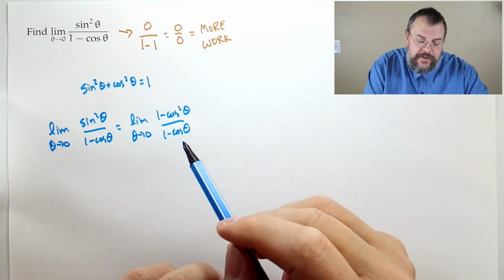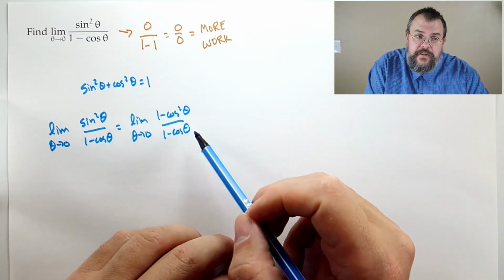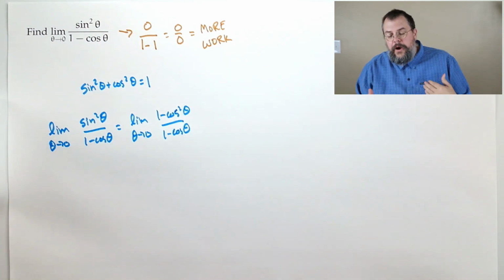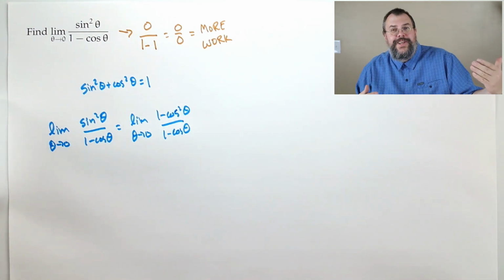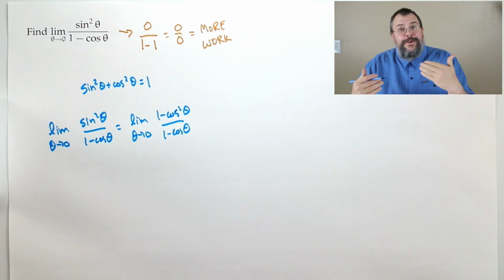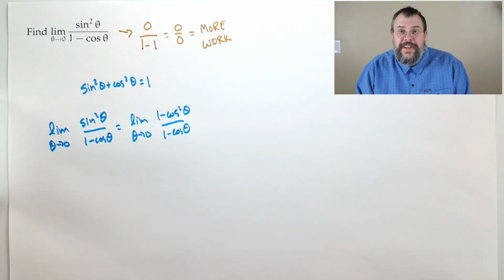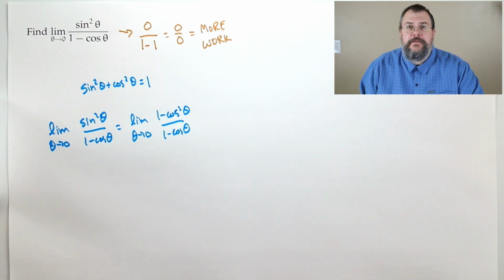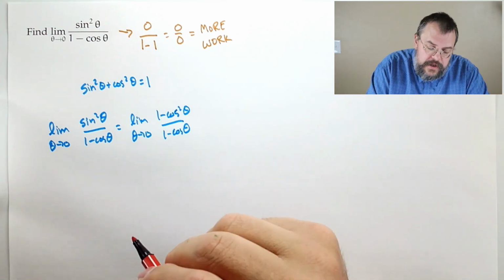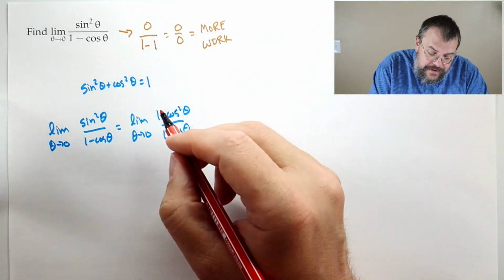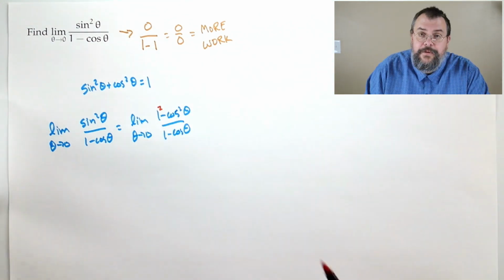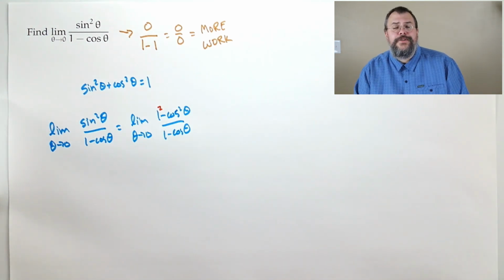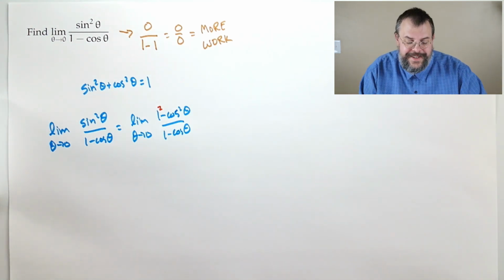What can we do? If I want to cancel, I need to really make something similar. So we think to ourselves, how can we make 1 minus cosine squared theta look like 1 minus cosine theta? After we stare at this for a while, we might come up with a nice observation. 1 is 1 squared. Is that helpful?